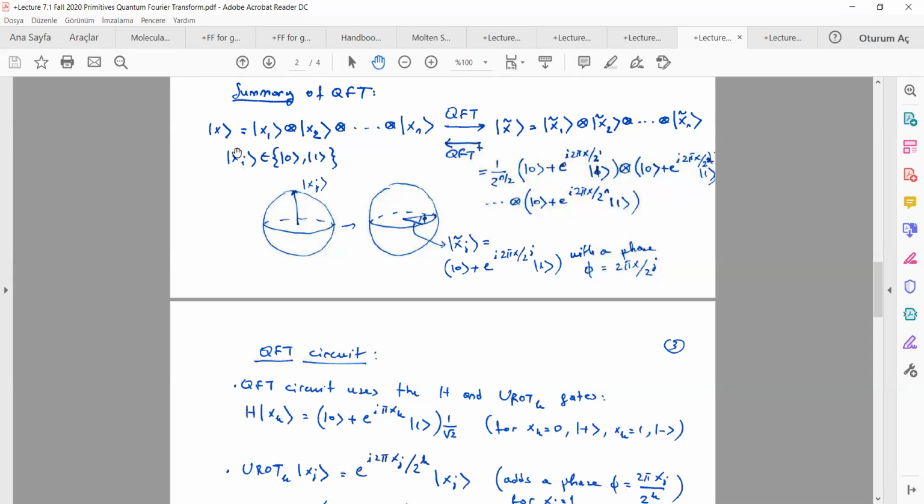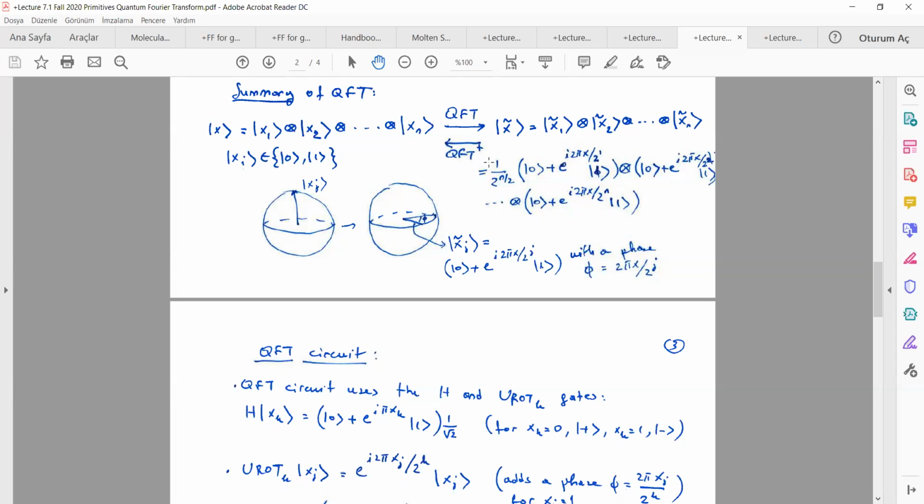Again, all these ket X sub i are in the computational basis, so that means they are either ket 0 or ket 1. This is the input of the quantum Fourier transform. And in the output, you just compute the tildes of each one of these. So ket X tilde is ket X1 tilde, tensored with ket X2 tilde, tensored up to ket X sub n tilde, right? This is your output.